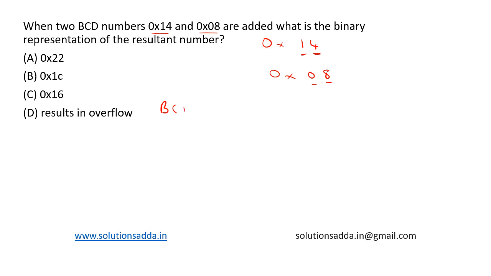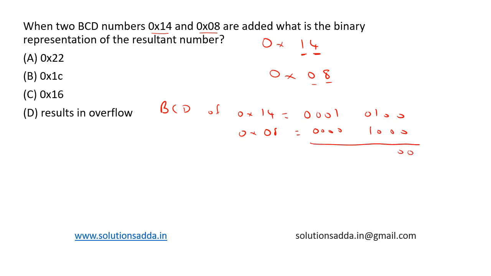So BCD of 14 in binary is 0001 0100. Similarly, for 08 it is 0000 1000. Now let's perform the addition. We will get 0011 1000.